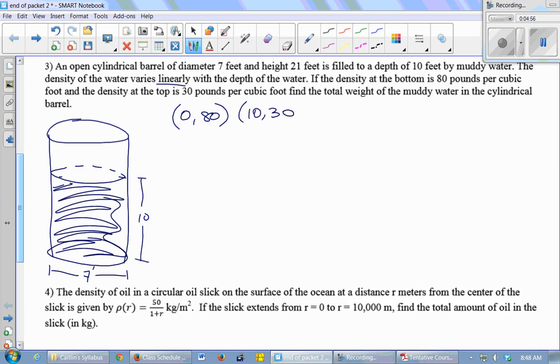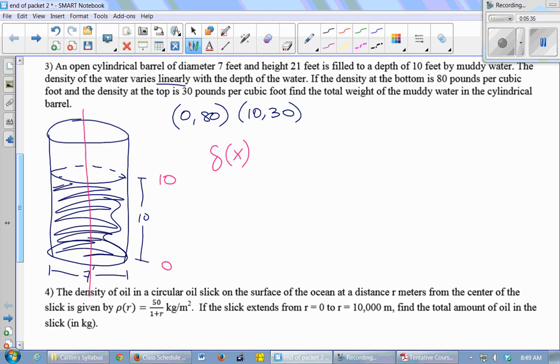Yeah. So it varies linearly, so we could just make a line that involves these 2 points. We're thinking of this as 0 and this as 10, like a vertical line there. Okay, so I have 2 points. Each of these points represents a position, an x value for position, and then the y value is the density. So if I find an equation for this line, we'll call this delta of x.